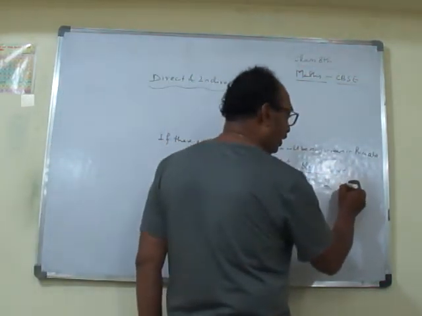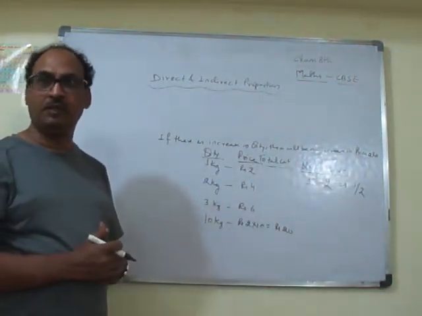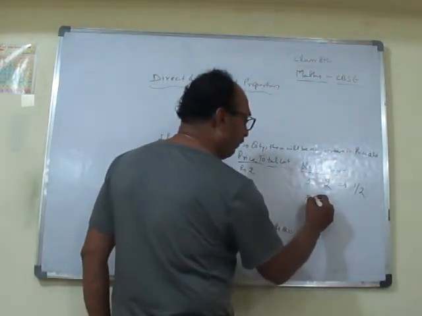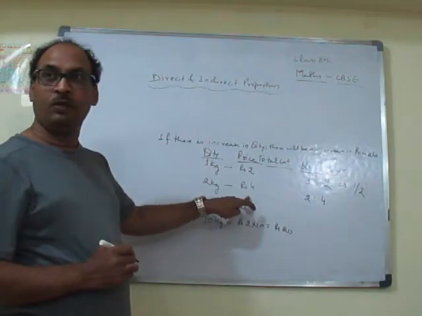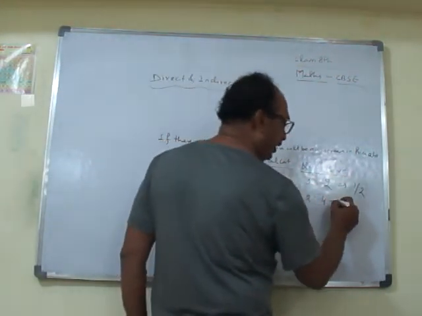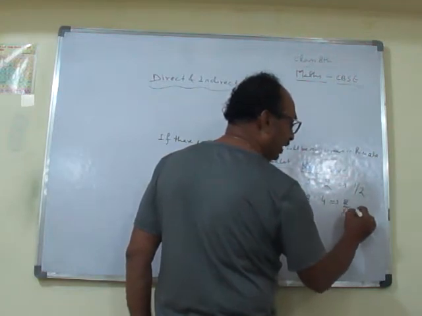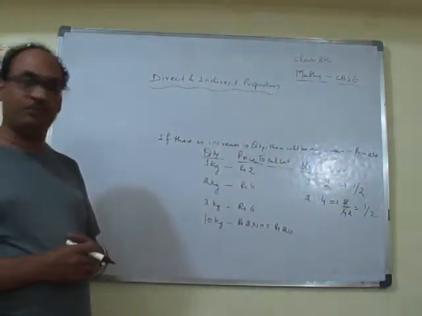Now you are finding 2 is to 4, which is 2 by 4. When you cancel with 2, you are writing 1 by 2.